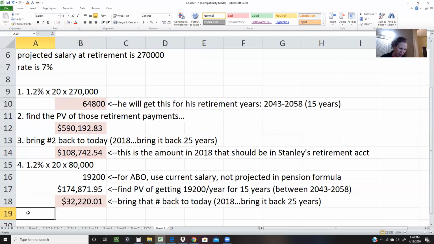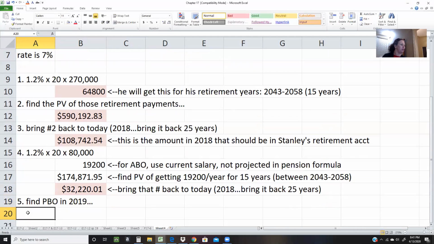So what do we have to do in 5? If we assume no other changes, what's the PBO in 2019? All right, find PBO in 2019. So what we'll do is we're going to do all the steps. So the pension formula will be 1.2% times 21 years times 270,000.